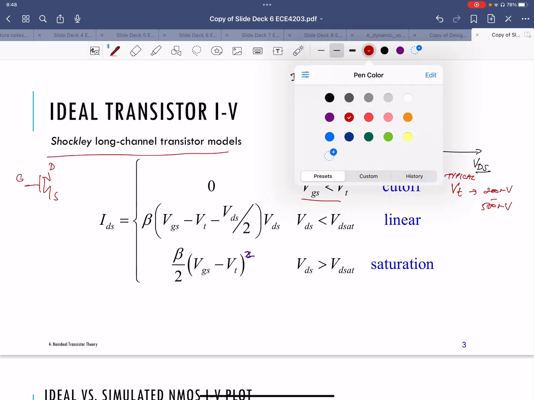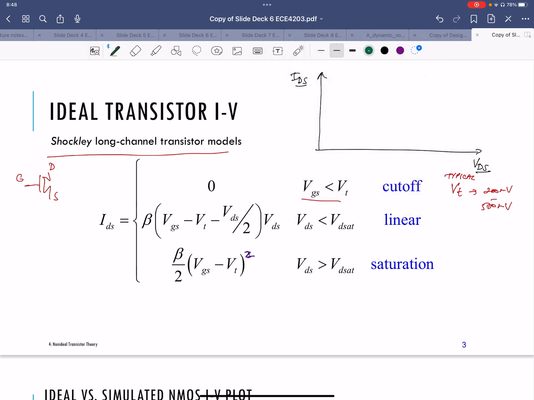As long as that's the case, the transistor is off. There is no current, so no matter what VDS does, IDS is going to be zero.